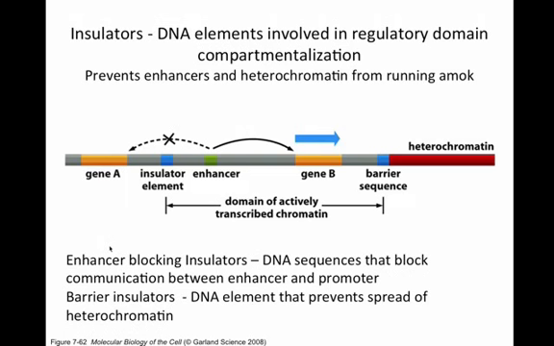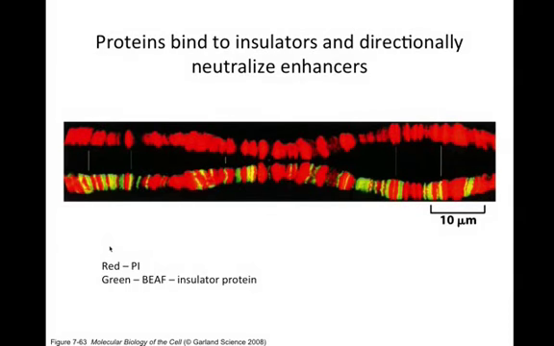It's not just the DNA itself that's preventing the enhancers from running amok. It actually says that in the textbook. I thought that was cool. It's the proteins that are binding to these insulator elements. So this is how it looks.